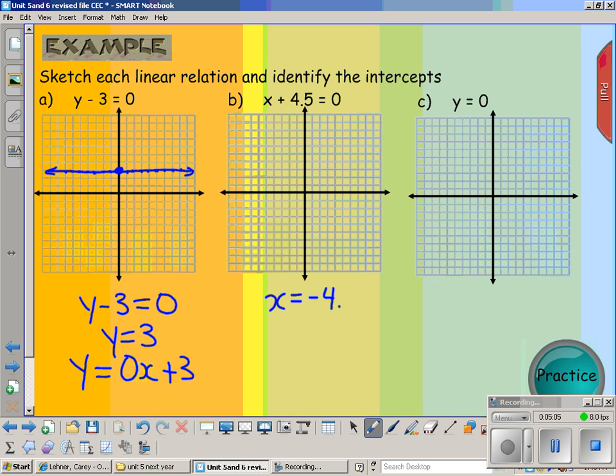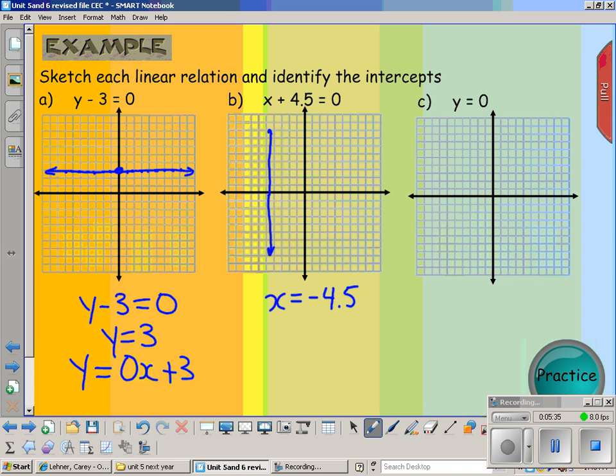So this is like saying x equals negative 4.5. We cannot write this in the form y equals mx plus b. It doesn't make sense. Our slope is undefined. What we do is we go 4.5 to the left, and we draw a vertical line. Every coordinate on that line has an x value of negative 4.5.